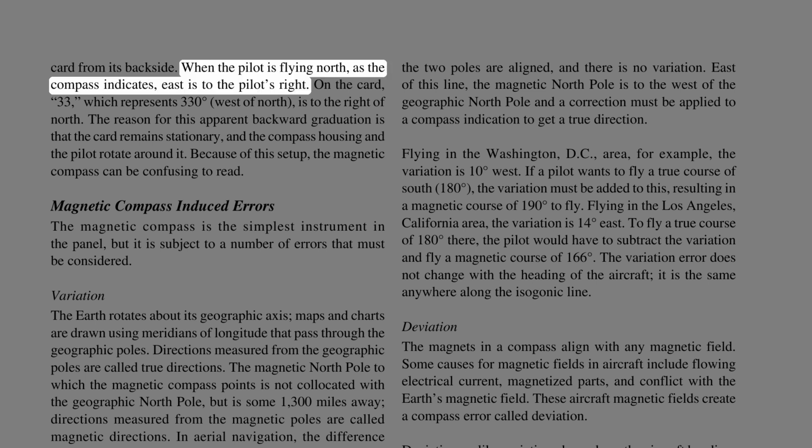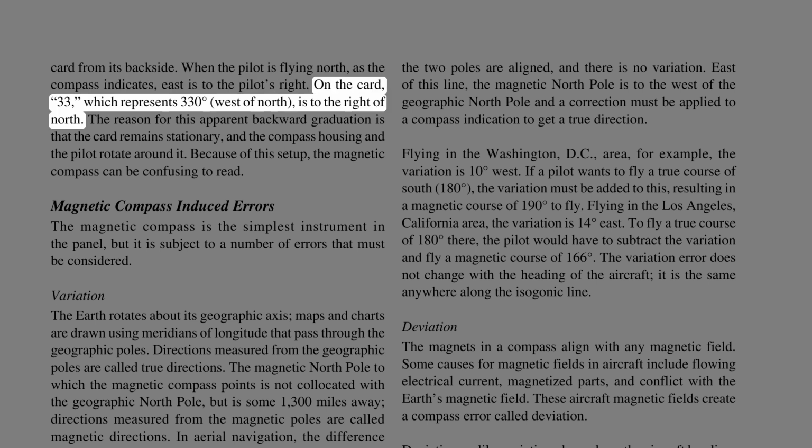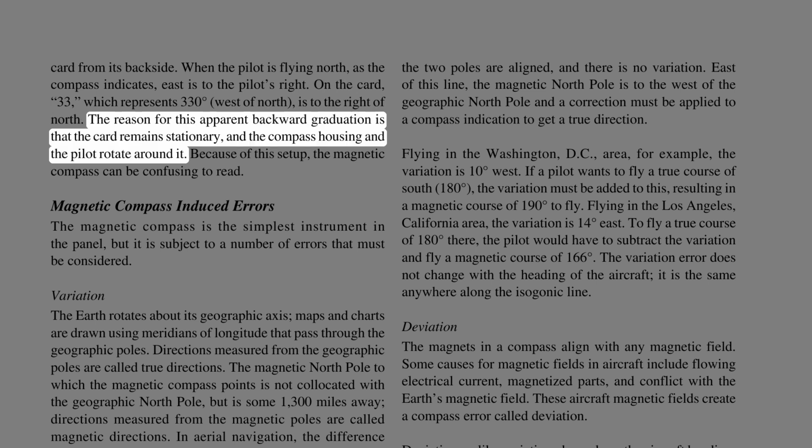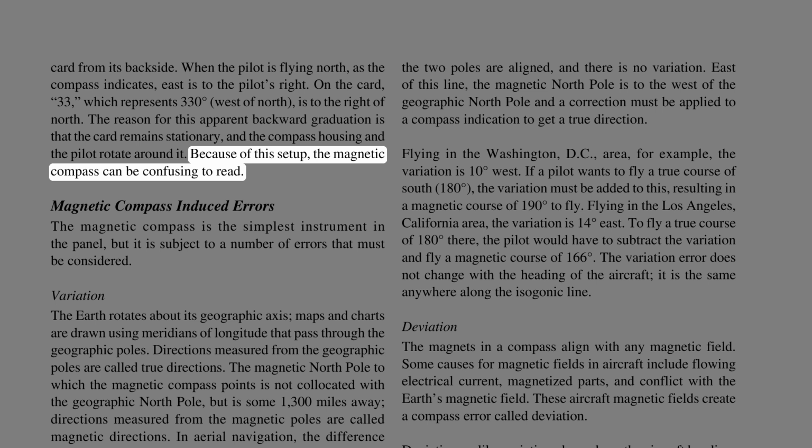When the pilot is flying north, as the compass indicates, east is to the pilot's right. On the card, 33, which represents 330 degrees, west of north, is to the right of north. The reason for this apparent backward graduation is that the card remains stationary, and the compass housing and the pilot rotate around it. Because of this setup, the magnetic compass can be confusing to read.